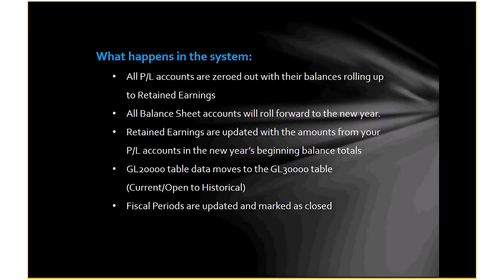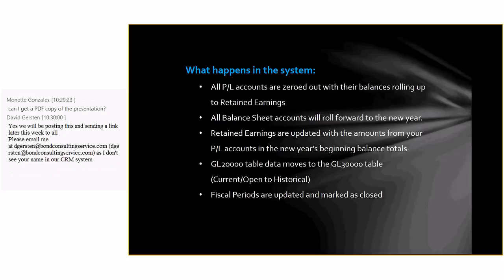So what actually happens in the GL is that, similar to what I mentioned about the account settings, your P&L accounts are zeroed out into retained earnings, your balance sheet accounts roll forward, and your retained earnings are updated into the new year.